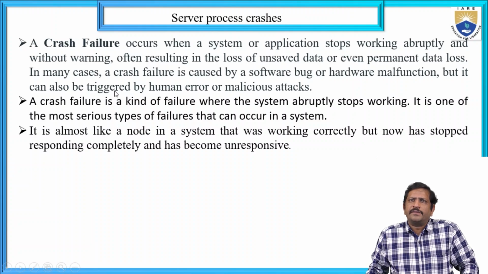In many cases, server crash failures are caused by a software bug or hardware malfunction, but they can also be triggered by human error or a malicious attack. With that, the server or the process will crash.